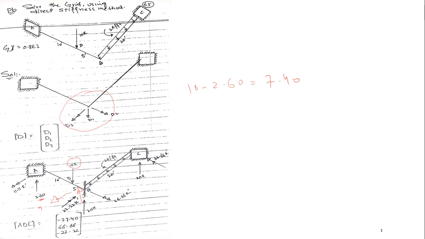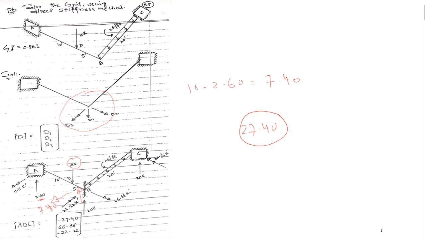Its magnitude is 7.40. Now, this 7.40 plus 20 gives us 27.40. It is equal and opposite to D1, so that's why it's minus 27.40. So there should be 7.40 here. This vertical 10 is balanced here.